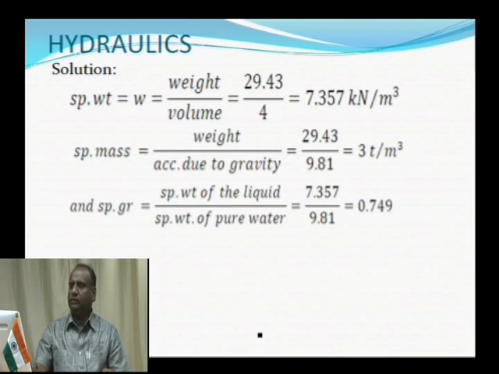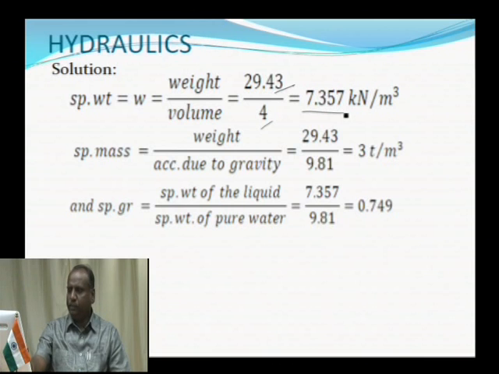Next, solution. We know that the specific weight is equal to W, which is given by weight over volume. Substitute the values: 29.43 is given, and volume 4 meter cube. So, you will get 7.357 kN per meter cube.